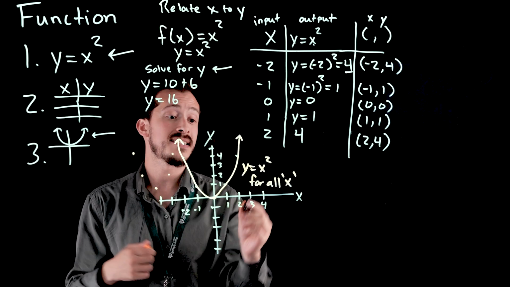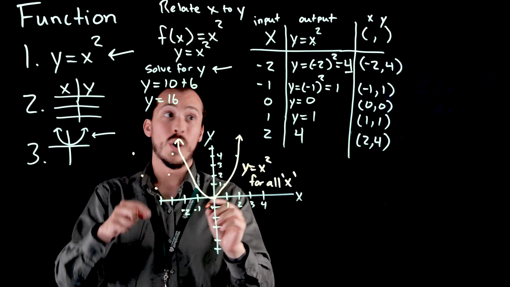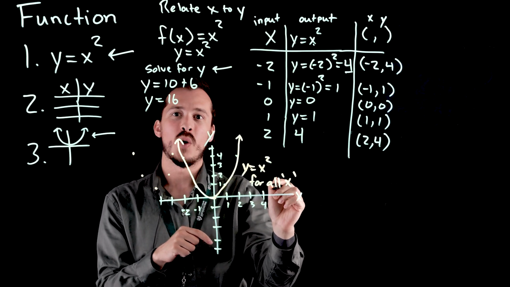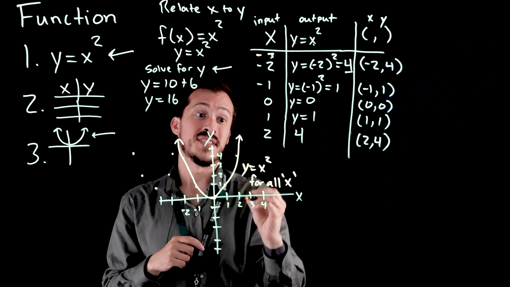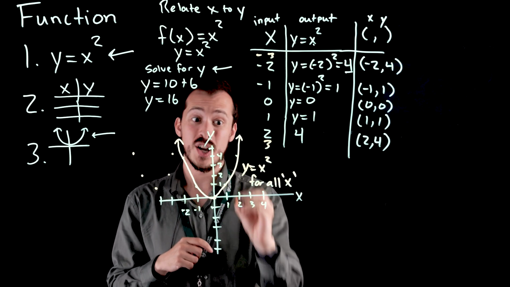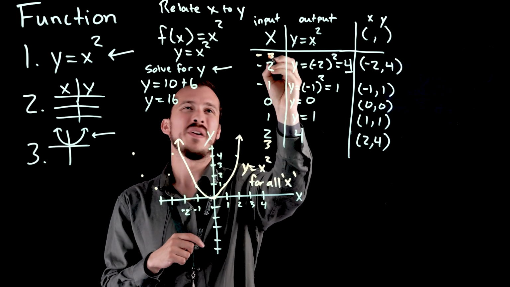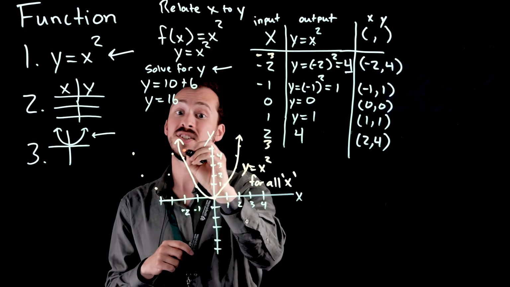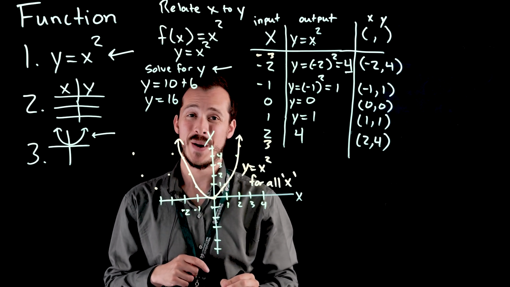It would only look like a series of dots. So when we're trying to say y equals x squared for all x, we're imagining that we're filling in this input column with every number that we can think of. -3 lives on here, +3 lives on here. If we were to ask ourselves what this function equaled with that as an input, we would also see that show up somewhere inside our shape here, okay?